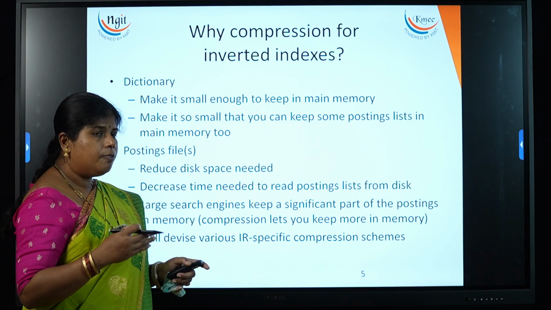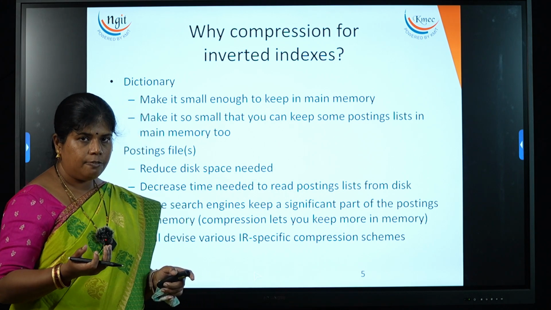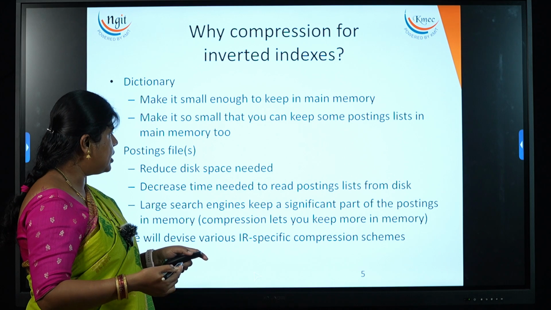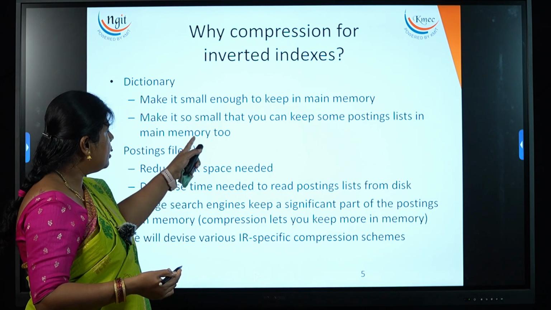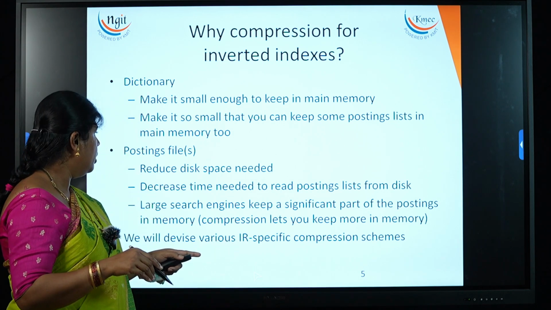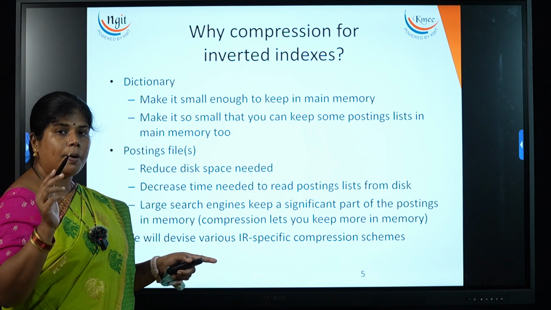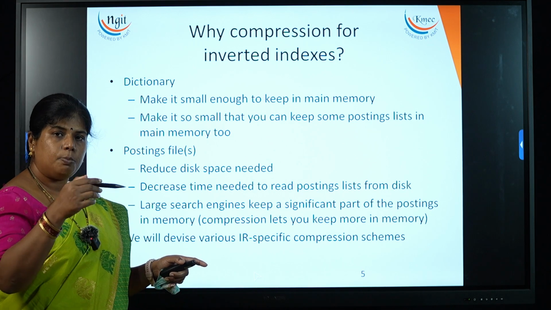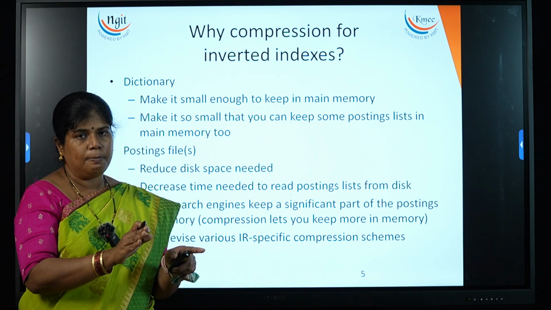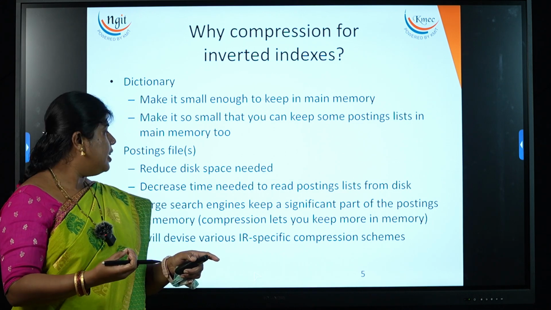So, if your dictionary is small enough, then you can put it in main memory only, and from there you can access it directly. In the same way, if your dictionary is small, the posting list is also small, and the posting list will be part of your main memory again. Means both will be stored at the same time. All your inverted index will be in main memory only if it is having less size.